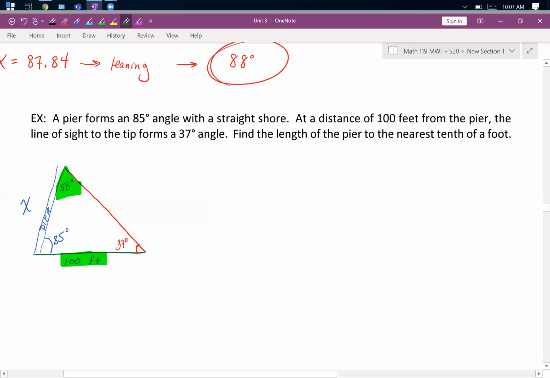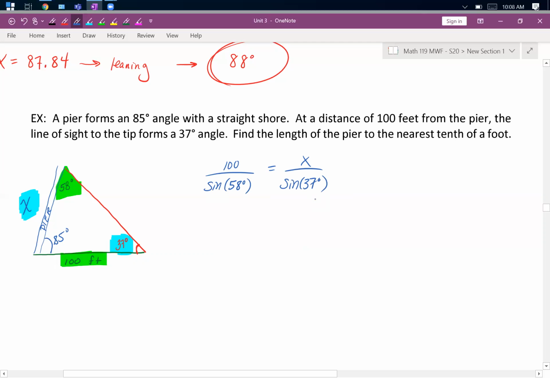So now we have a known pair, and what we're trying to do is find the length of the pier, and that pairs up with the 37 degrees. Using law of sines, we're going to have 100 over sine of 58 degrees equals x over sine of 37 degrees.